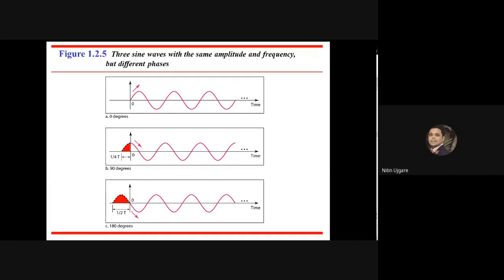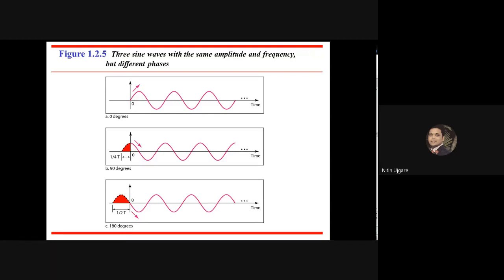Okay, if the signal is shifting backward and forward, then for what purpose are we using the phase parameter in the sine wave? The phase parameter describes how much shift there is in the signal, and that we measure using phase.